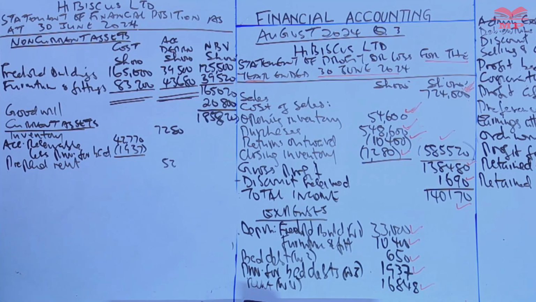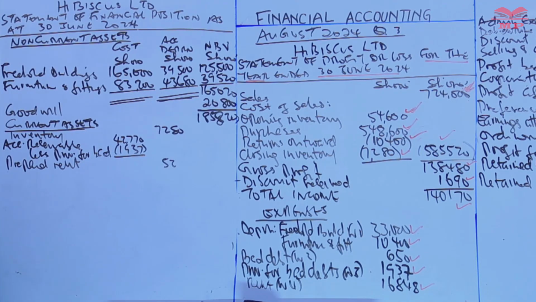So it is 42,770 less the allowance for doubtful debt. George, it's supposed to be the one at the end. Was it 1,937? We are not deducting the increase, but the allowance at the end.